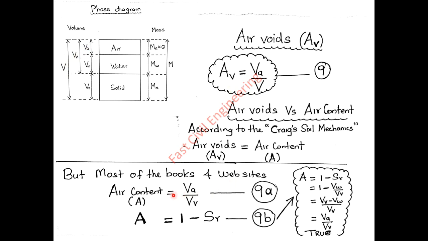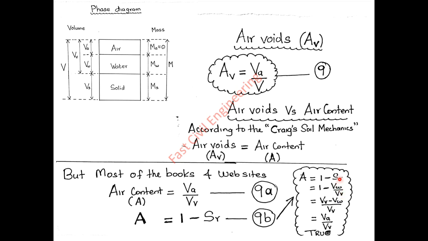Okay, equation number 9a. Air content A is equal to 1 minus SR, that means 1 minus degree of saturation. 9b. How to derive this one? A is equal to 1 minus SR, which is 1 minus volume of water over volume of voids.